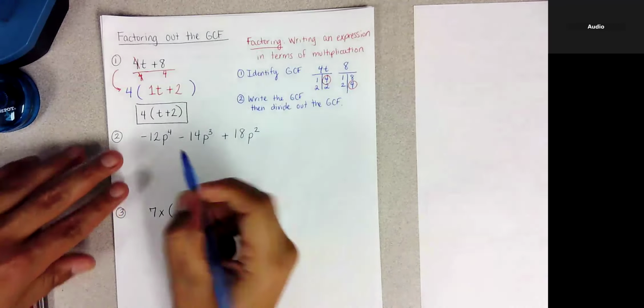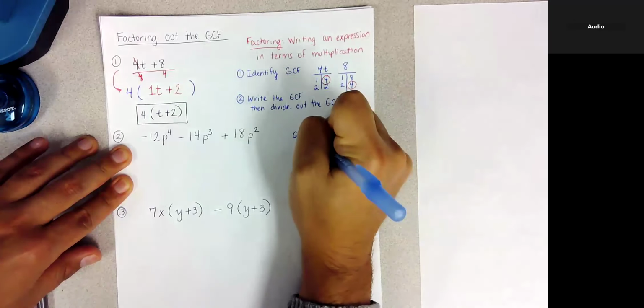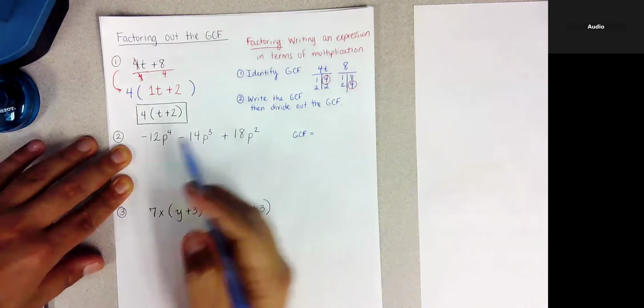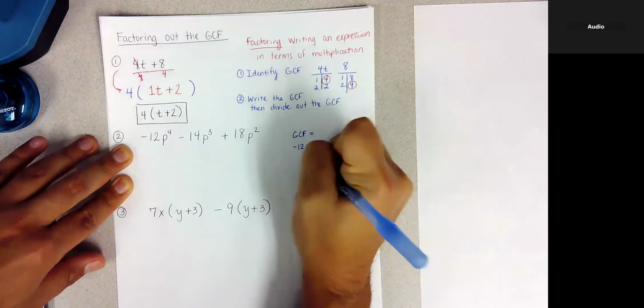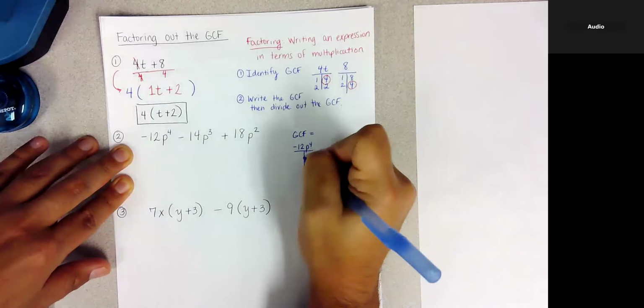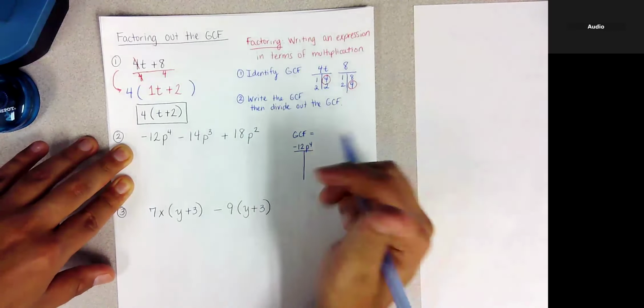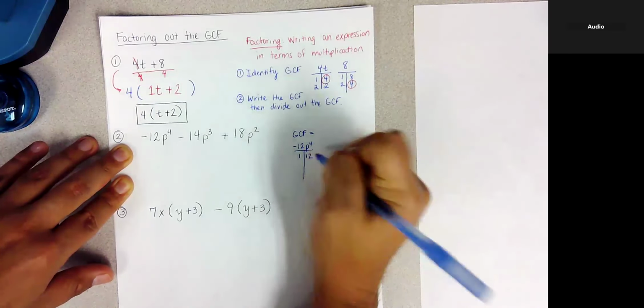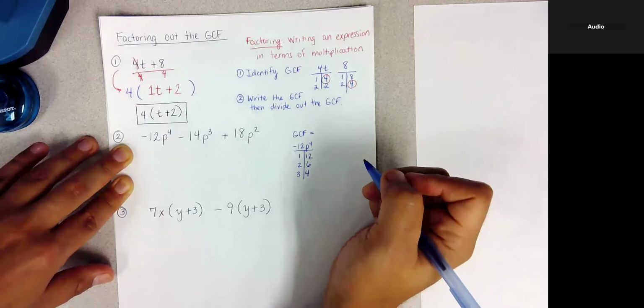Let's identify the GCF. So first, the GCF here, you might look at negative 12 p to the 4th, and then just focus on breaking down the negative 12. I'm just going to focus on 12 and break that down into 1 times 12, 2 times 6, 3 times 4. Okay.